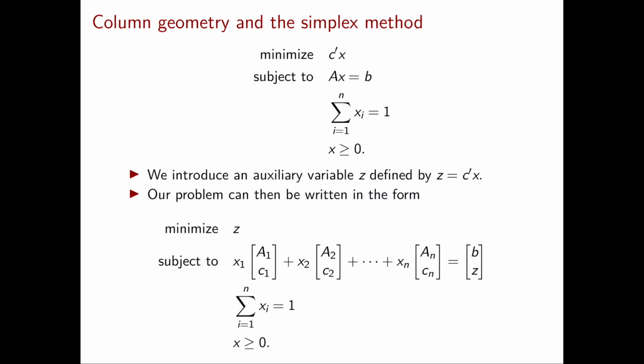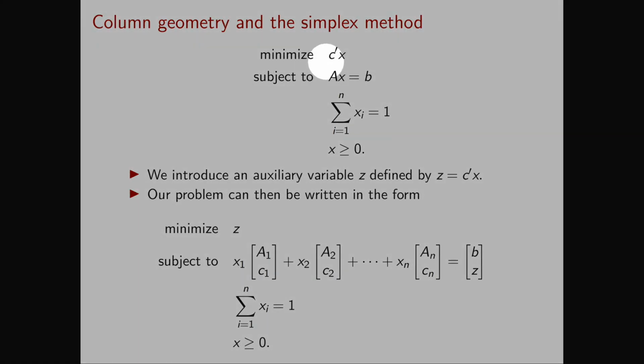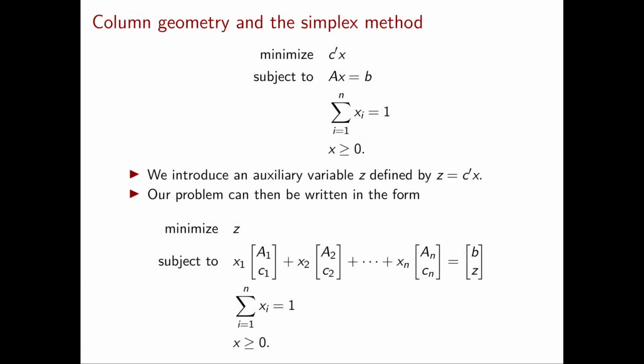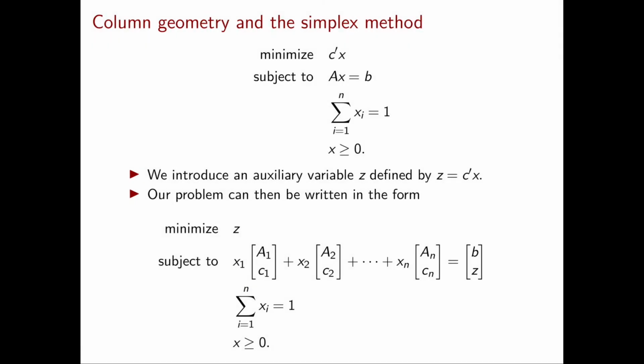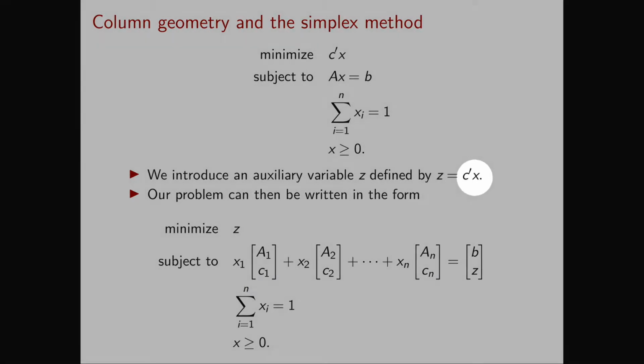So let's focus on our new linear programming problem, which I have rewritten here at the beginning of the slide. And now I want to write the same problem in a slightly different way. I introduce a new variable that I call z and that I set to be equal to c transpose x.